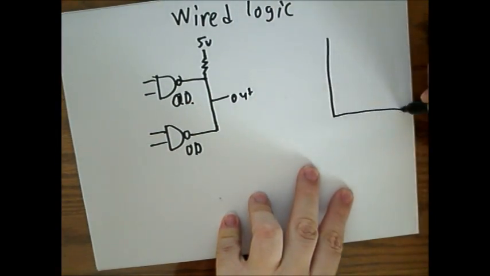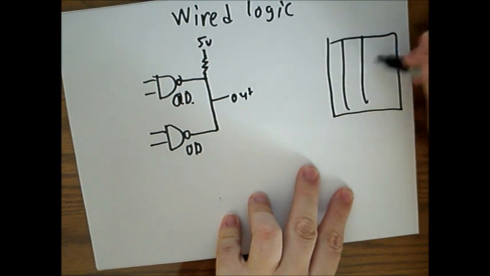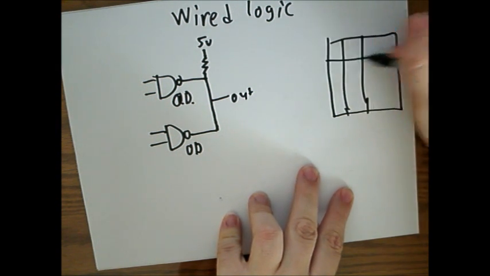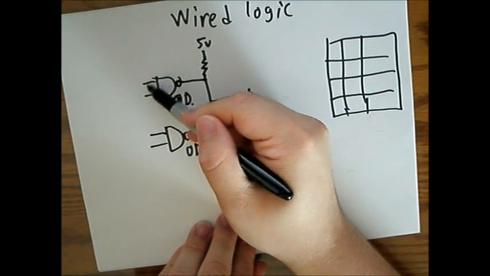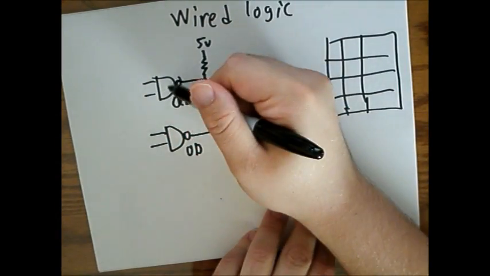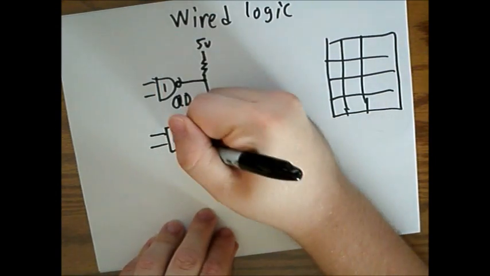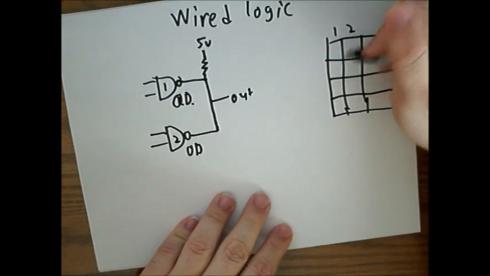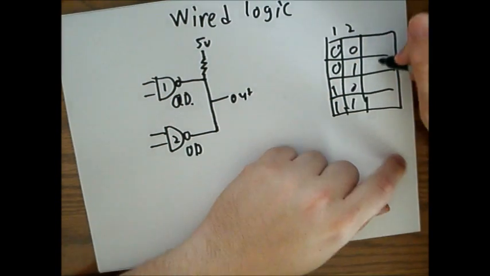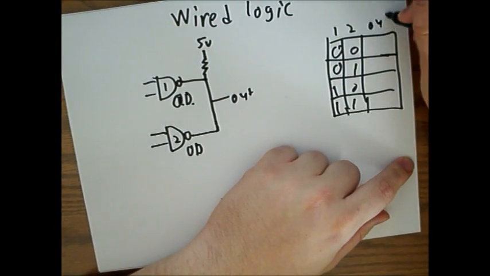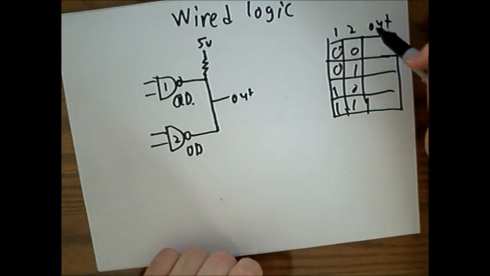So instead of comparing these nodes, we'll be comparing the gates themselves. So we'll label this one 1, this one 2. 0, 0, 0, 1. So let's figure this out.